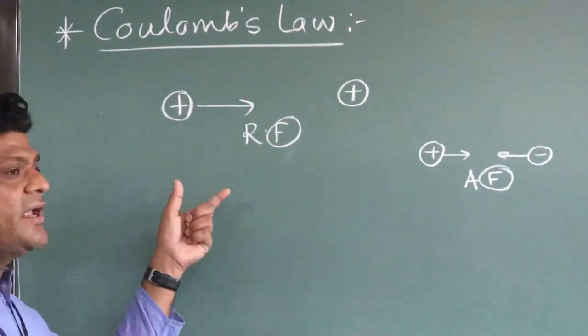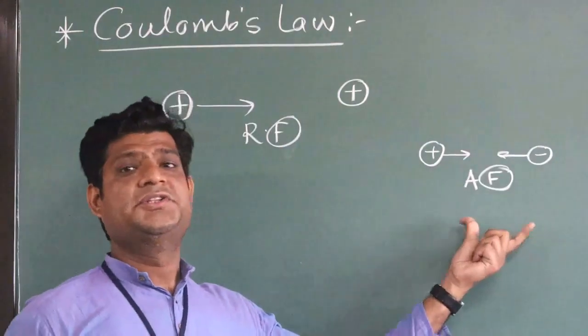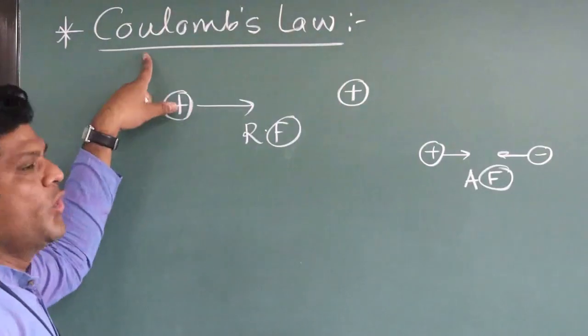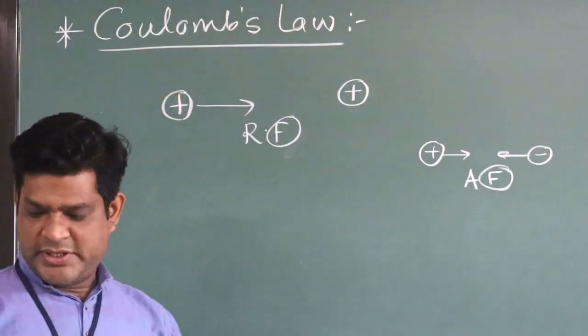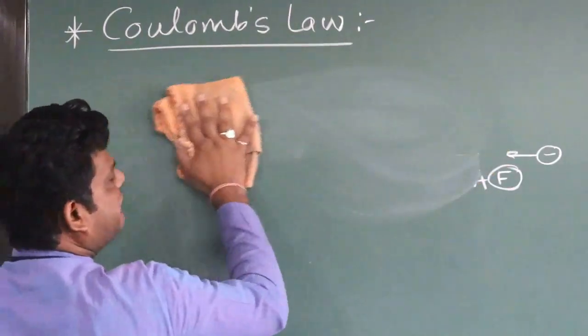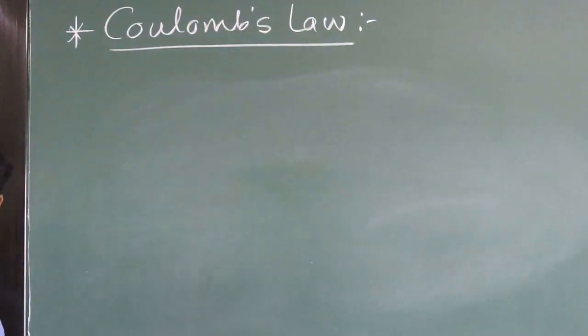The force may be repulsive, or the force may be attractive. The magnitude of the force can be calculated by Coulomb's law. Coulomb is the scientist who gave us the magnitude of force between two charge particles.